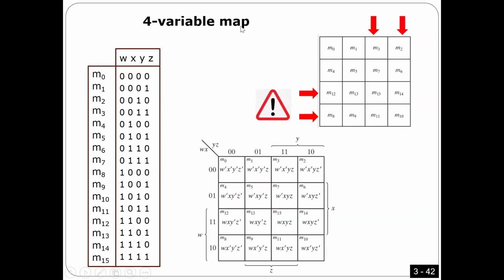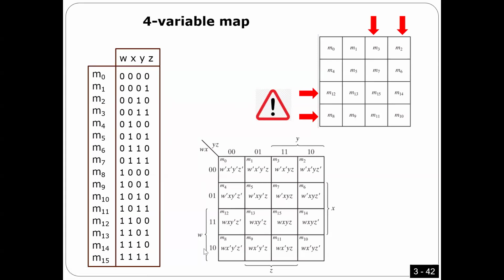In the case of 4 variables, how many different inputs can you have? 2 to the power of 4, which is 16. So you can have up to 16 minterms, as you see here. That means our map should have 16 squares, and that's why you can see here in this map we have 16 squares.